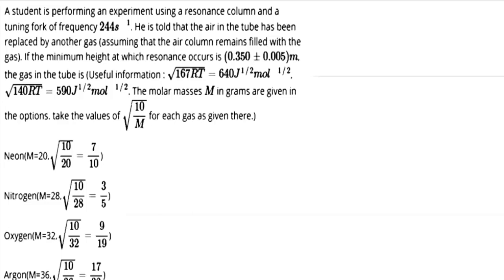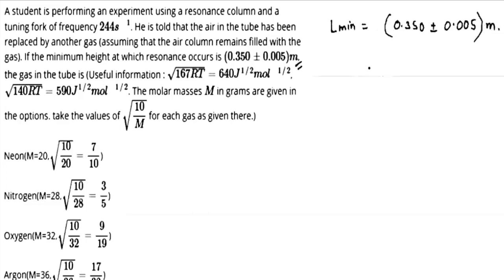Now let's try to find out, but before that we need to know that the minimum length required for the resonance is L minimum, 0.350 plus minus 0.005 meters. What is the meaning of this?